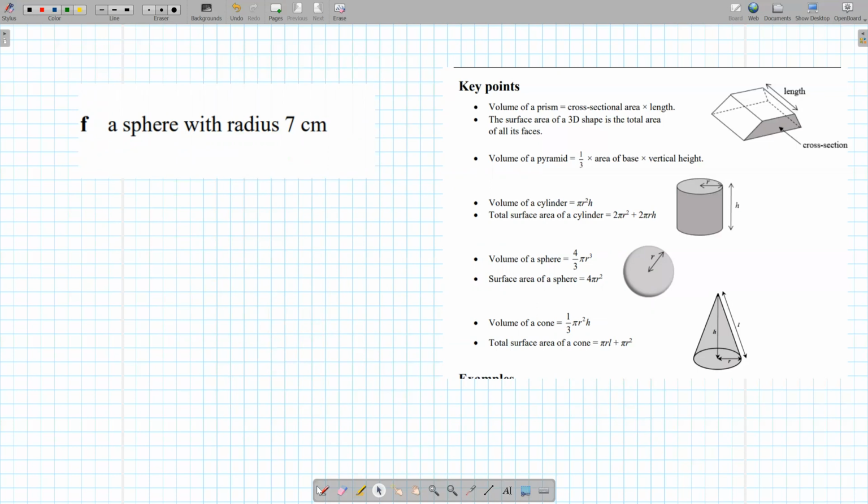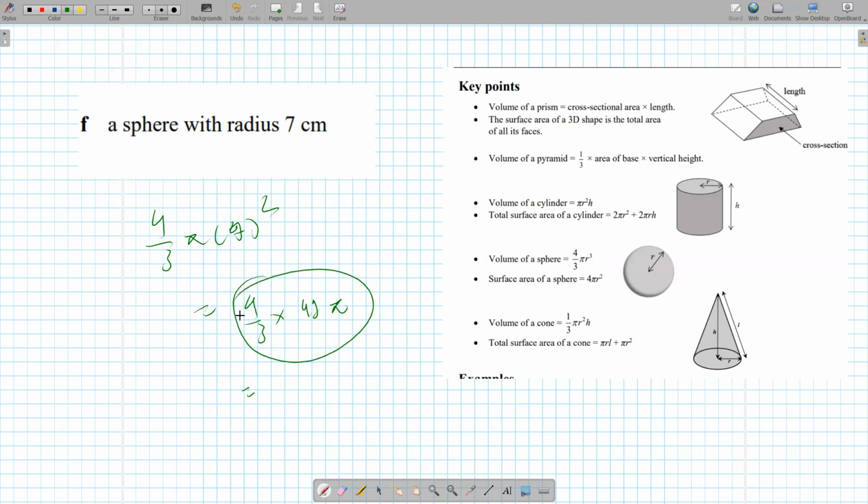What is the volume of a sphere? 4/3 times pi times radius cubed. Radius is 7, right? So 4/3 times 49 pi.